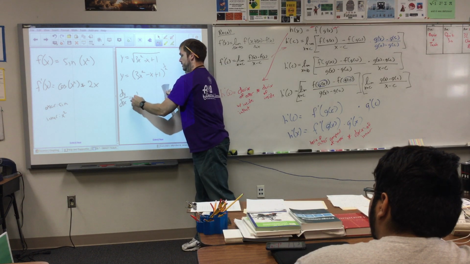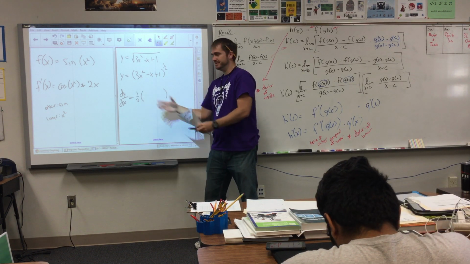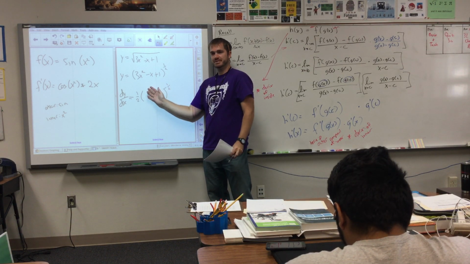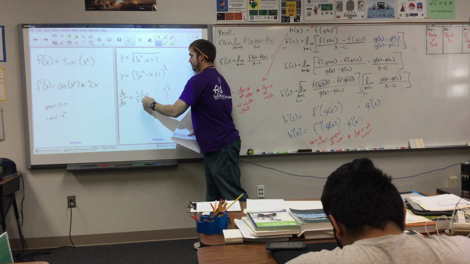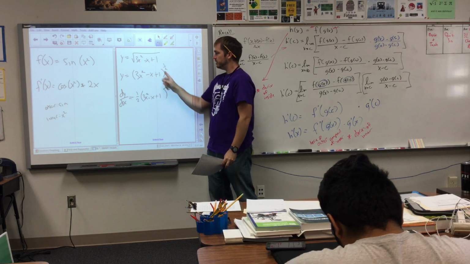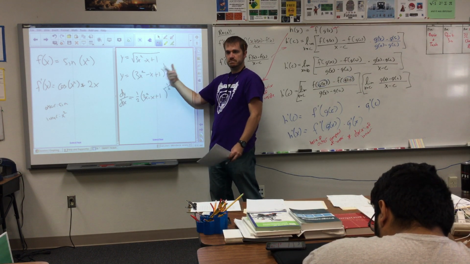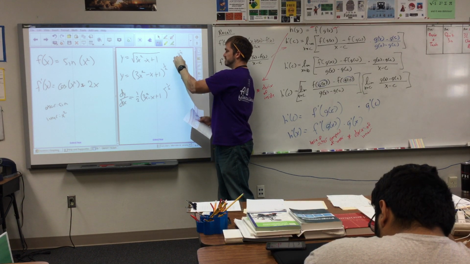Well, that's going to be 1/2 hand to the negative 1/2. Make sense? So 3x squared minus x plus 1. The derivative of the outer function, you just pretty much treat this like one big x. Like when you have x to the 1/2, the derivative would be 1/2 x to the negative 1/2.